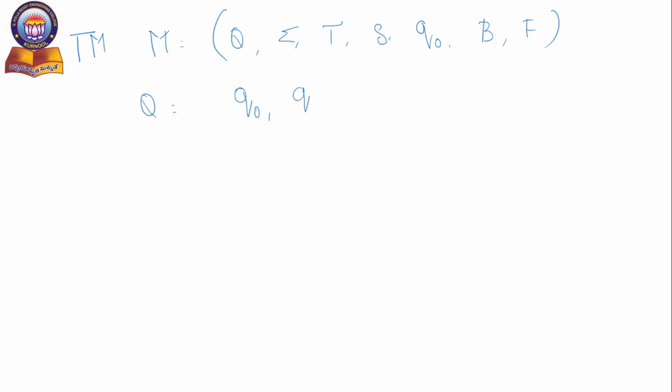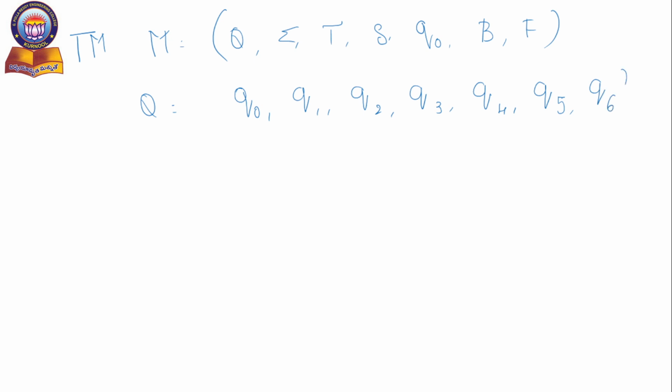And the machine description or definition for this language is the TM M equal to (Q, Σ, Γ, δ, Q0, B, F), where Q is equal to the states Q0, Q1, Q2, Q3, Q4, Q5, Q6.